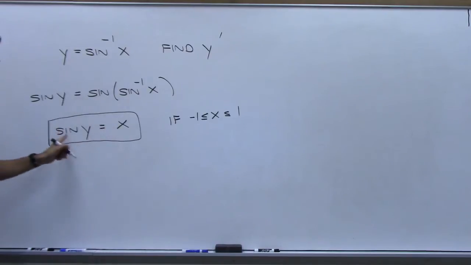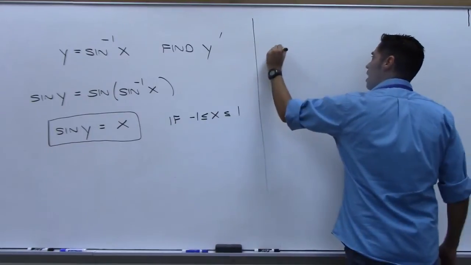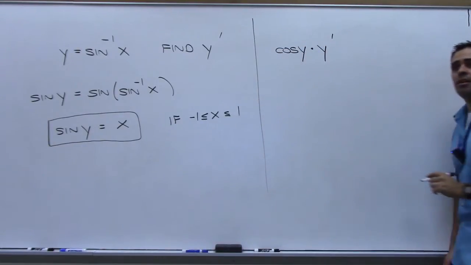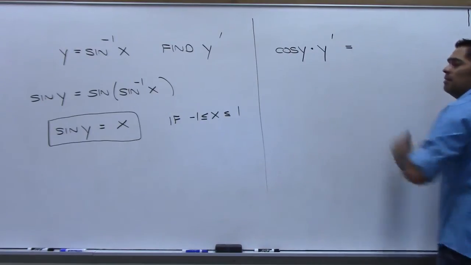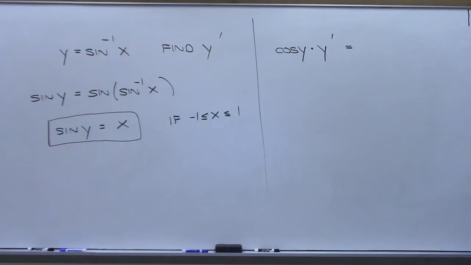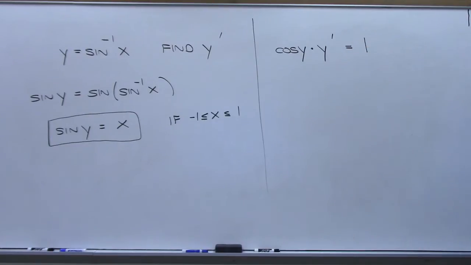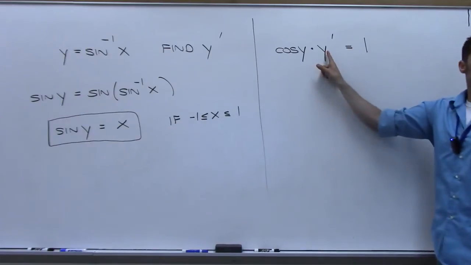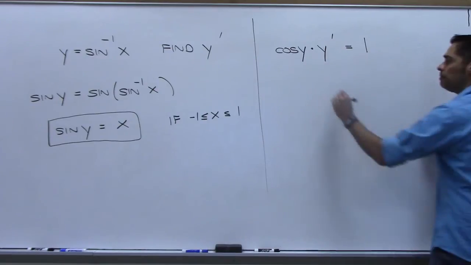What is the derivative of sine of y? Cosine y times y prime, right? So we have to remember that chain rule. And then equals, what's the derivative of the right side? 1, right? Because we're differentiating with respect to x. And what were we trying to find? y prime. There it is. Isolate it. Divide by cosine y.